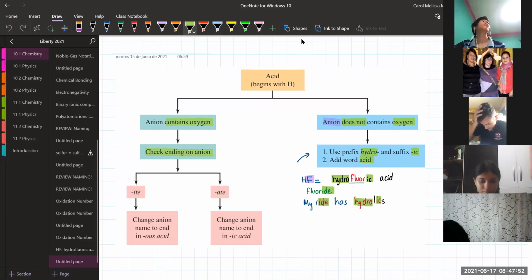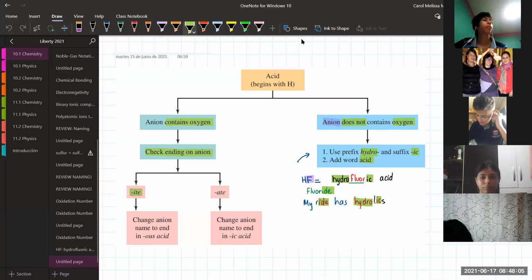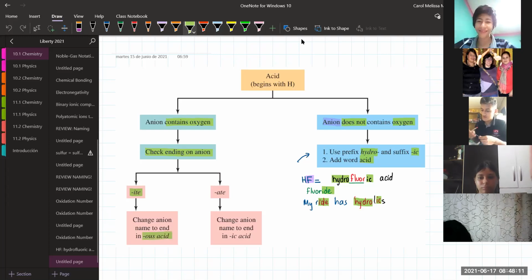In the case that it ends in "ate", the procedure is to change the suffix to "ic acid". If it ends in "ite", the procedure is to change the suffix to "ous acid". So take a look at this example.